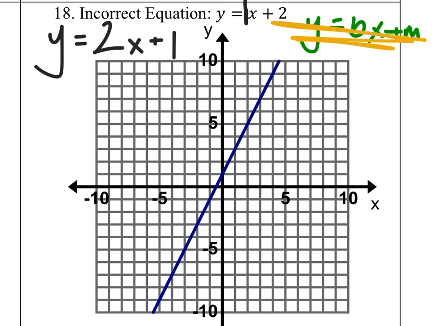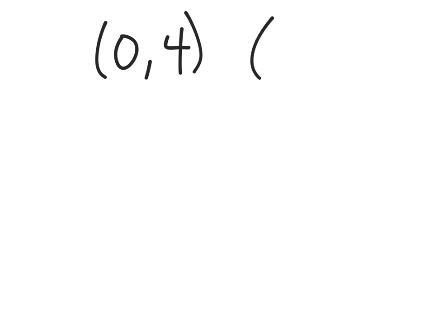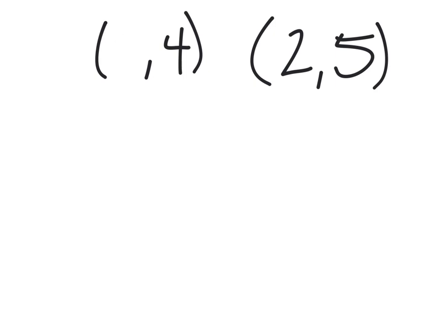The problem is in the future, right? Let's look. So this lesson is pretty easy because they gave you points like 0, 4, and then maybe another point like, I don't know, 2, 5, right? Something like this. The problem is in the future, instead of giving you the y-intercept like at these, they may give you something like at these.